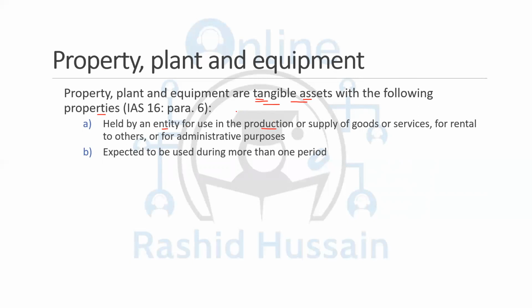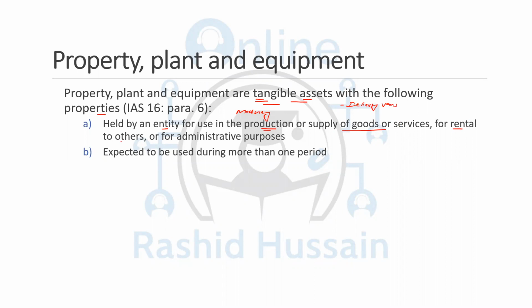So when you talk about for the use in the production, that means the machinery. Say, for example, I'm having a machinery which is producing the goods, and those goods are being sold in the ordinary activity of the business. So we are using those machines for the production, for the business use. Or supply of goods or services. For example, you have the delivery vans, which are going to deliver your products.